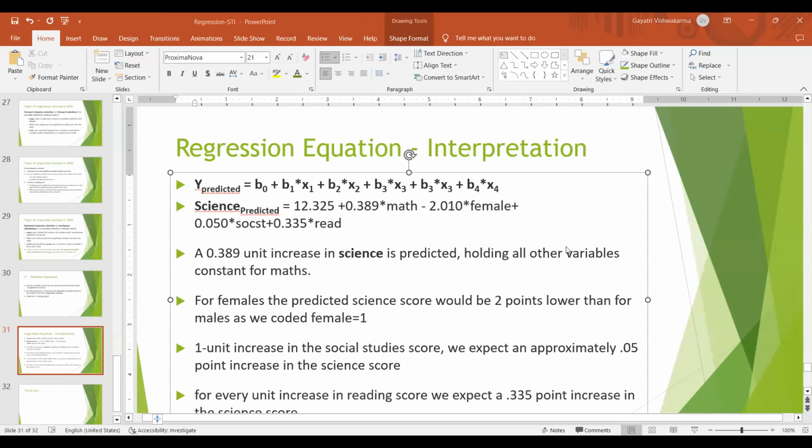So we can change the reference category. People are saying we can change the reference category here also and see if this value changes. So for every unit increase in reading score, we expect a 0.335 point increase. So that is the interpretation.